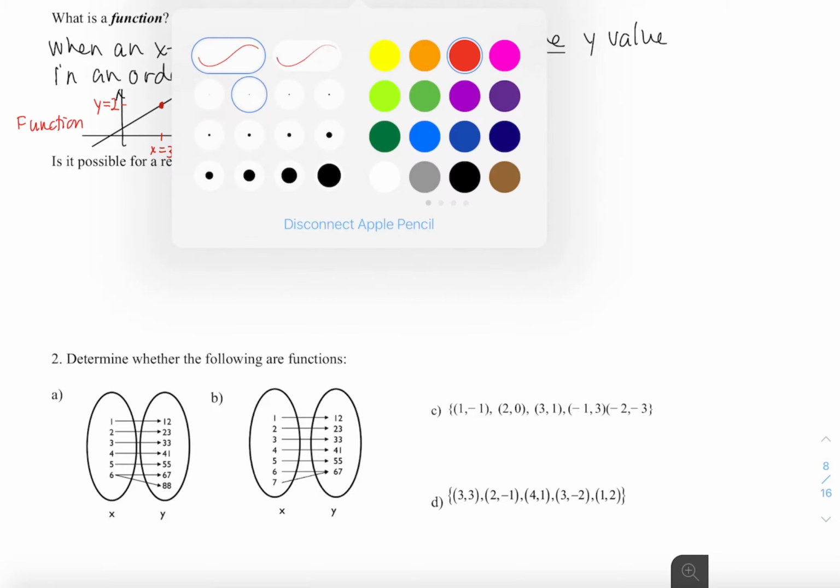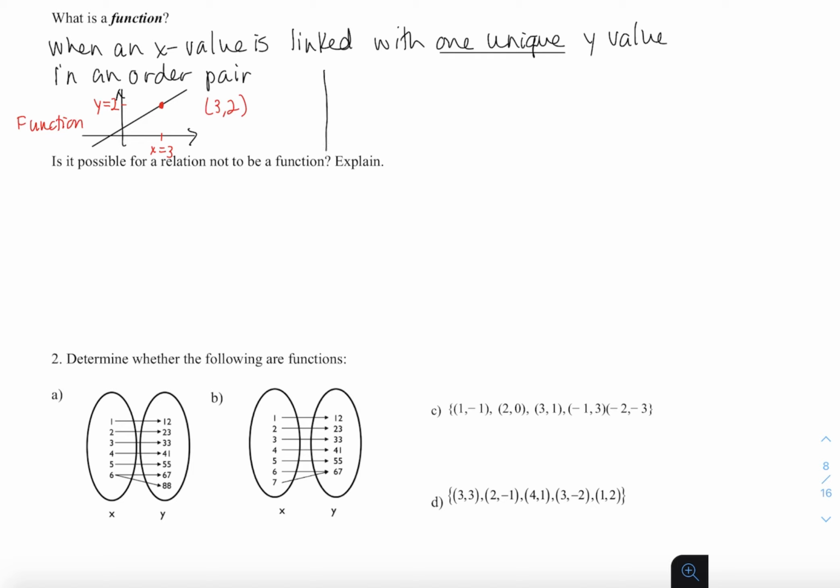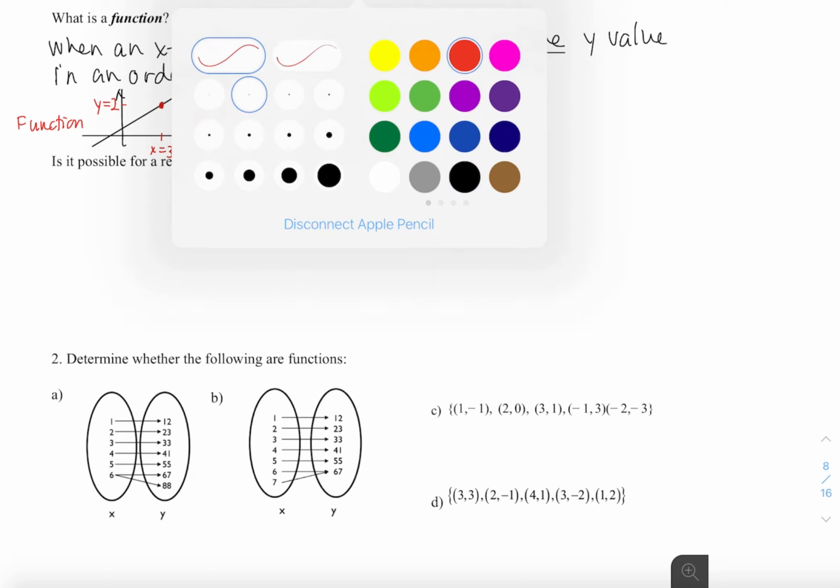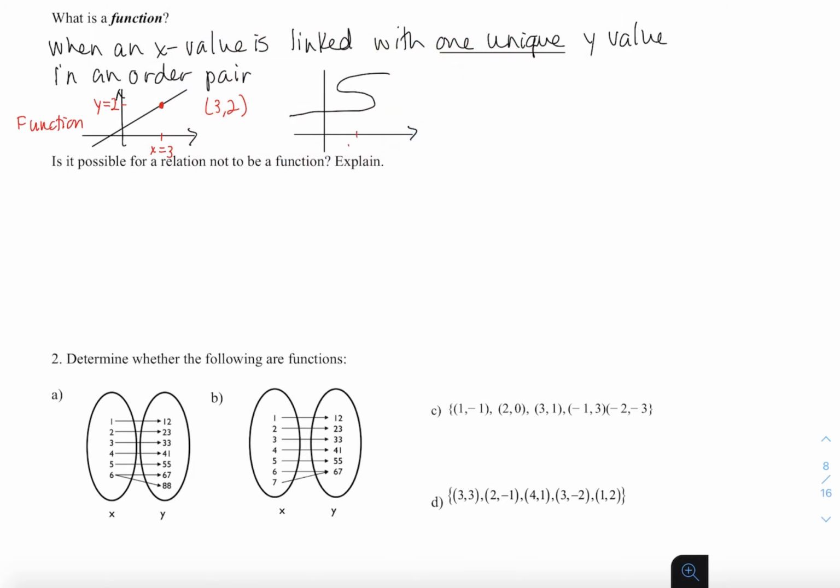Let's look at something that is not a function. Something like this, which has no graph as far as I know. This would not be a function because if I picked x equals 3, I would be able to find this y value, let's say y equals 2, and this y value, let's call that y equals 3, and maybe this y value.